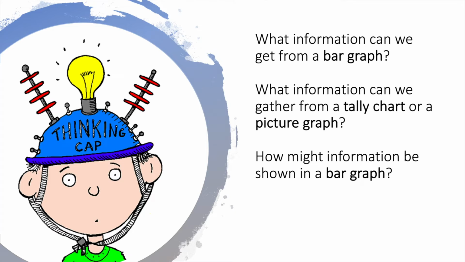If from a tally chart and a picture graph, we can know how many people were surveyed and how many people voted for each category, do you guys think that is also the case for a bar graph? It is, right? Because it's still a graph and it's still giving us data, it's still giving us information.